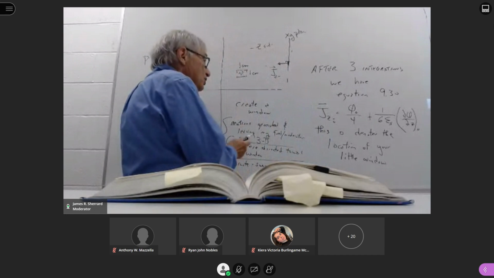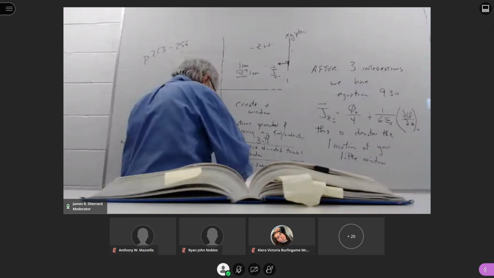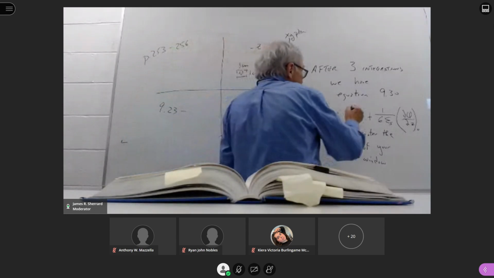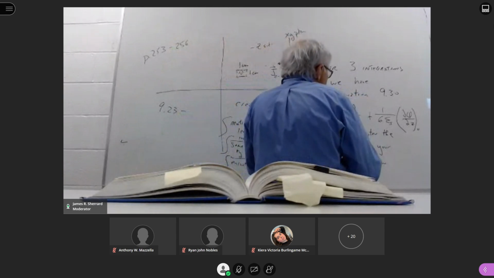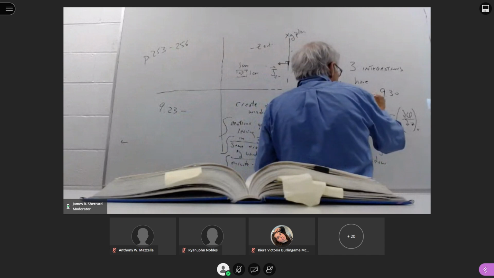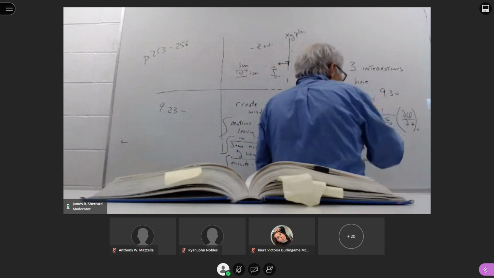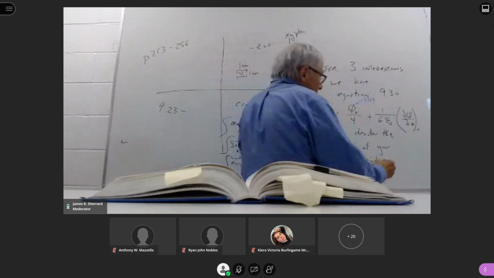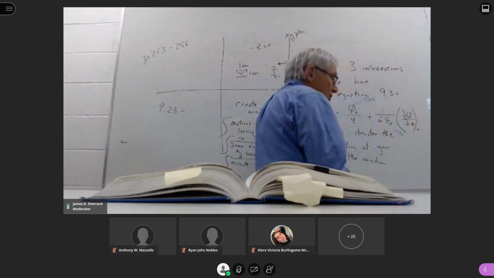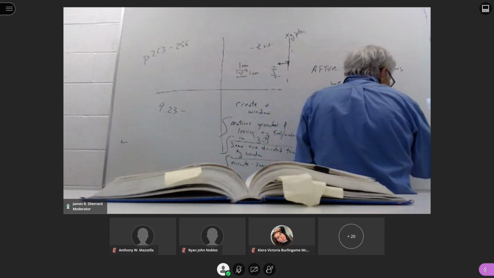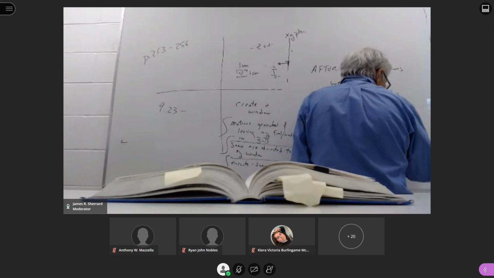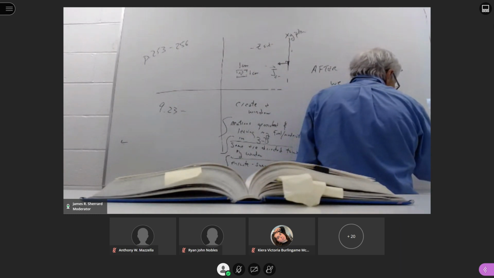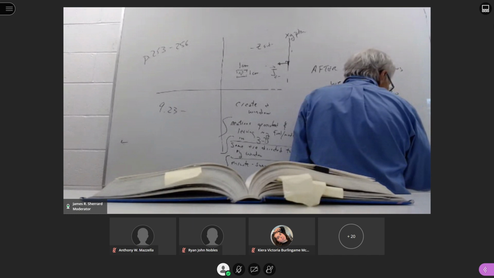So, just to review what these terms are, this is your flux. This is your macroscopic cross-section. Or scatter.